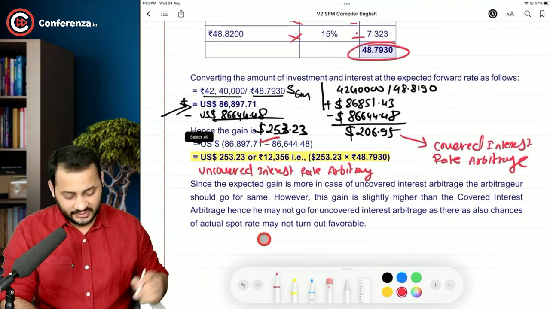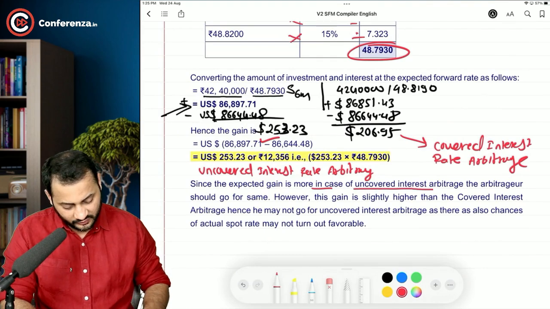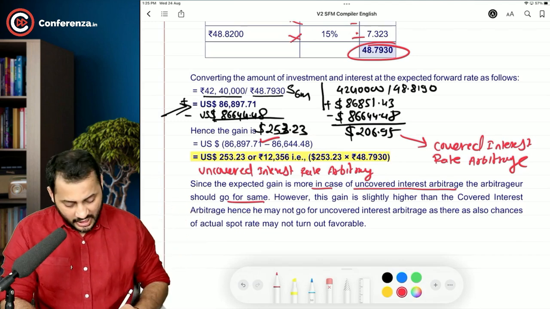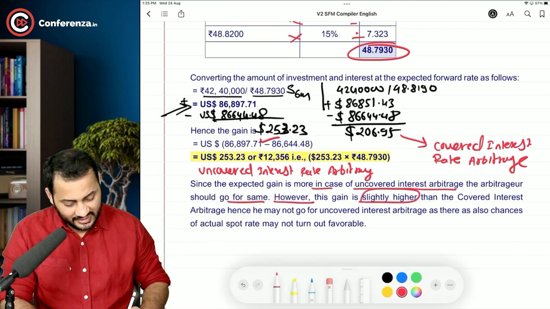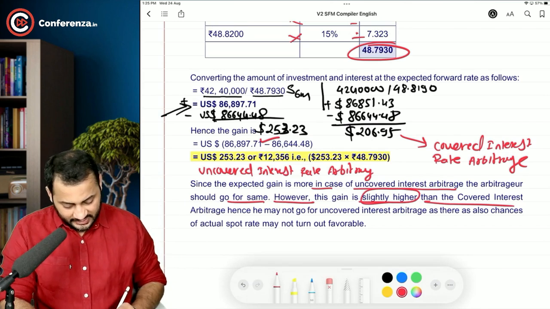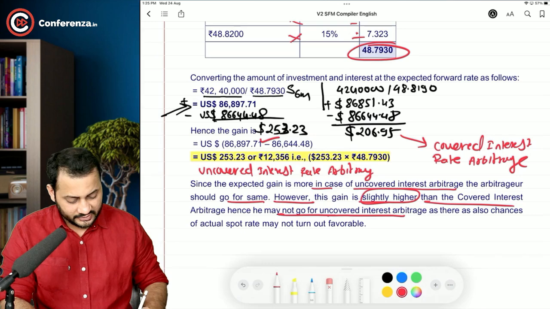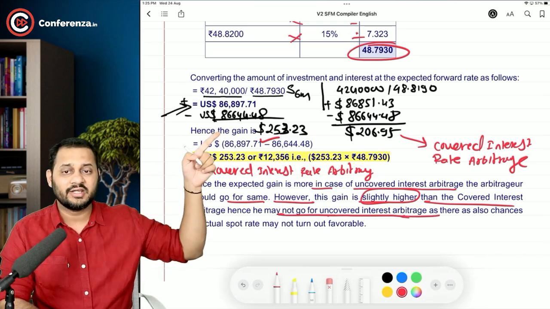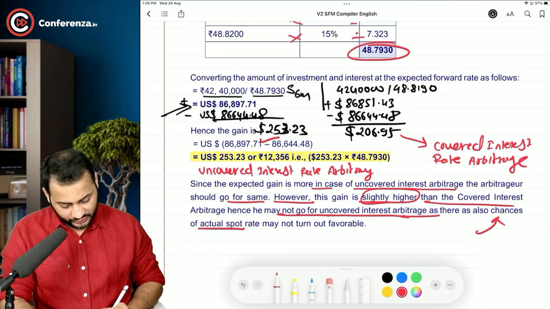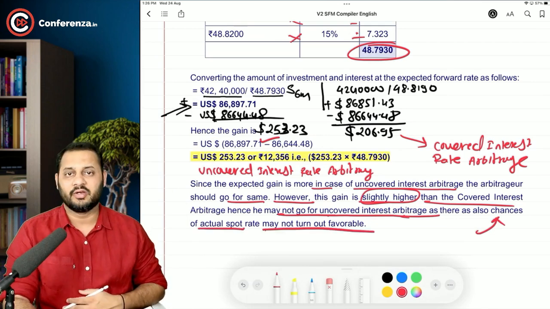Since the expected gain is more in case of uncovered interest arbitrage, the arbitrager should go for the same, meaning keep it open. However, this gain is only slightly higher than the covered interest rate arbitrage. Hence, he may not go for uncovered interest rate arbitrage as this is not guaranteed, as the actual spot rate may not turn out favorable.